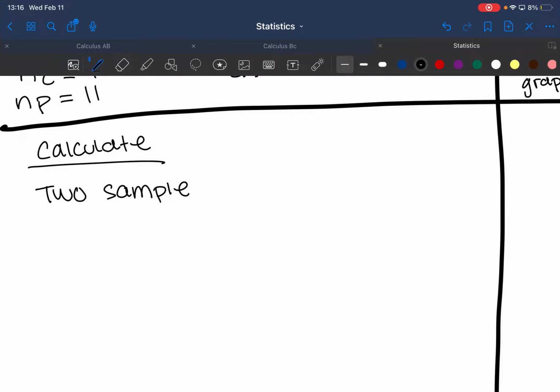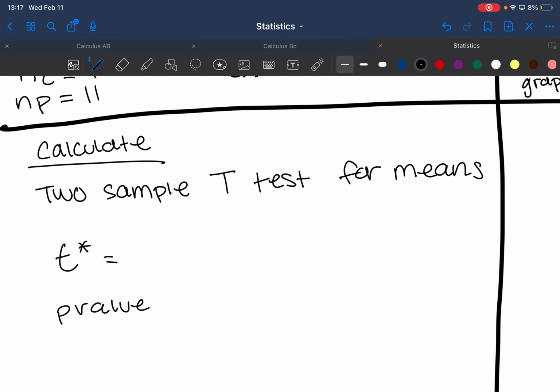Less than alpha, greater than alpha, okay, is greater than alpha equal to 0.05, we fail to reject the null hypothesis, which means we have convincing or we do not have convincing evidence. We do not.